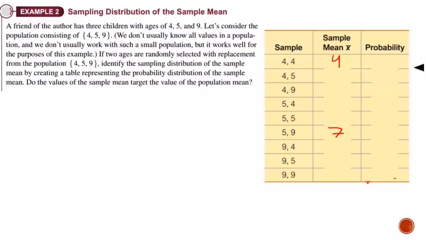This one would be 4.5. This one, they add up to 13, so the sample mean here is 6.5. I animated it so the numbers would come in. So these would be the means of each of these different samples.